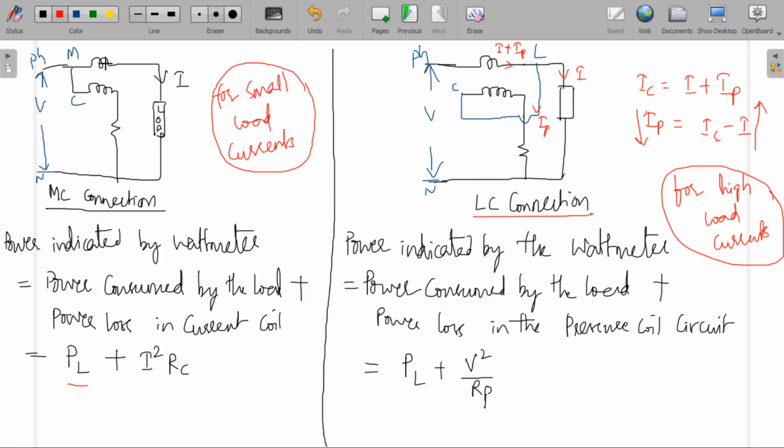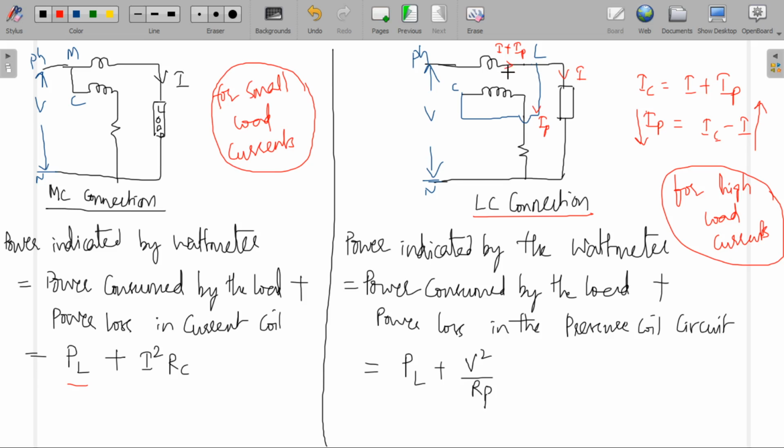Anyhow, the power loss in this current coil will be low. So we need compensation for the power loss in the pressure coil. We will look into that compensation at a later point of time, when we discuss the low power factor wattmeter.